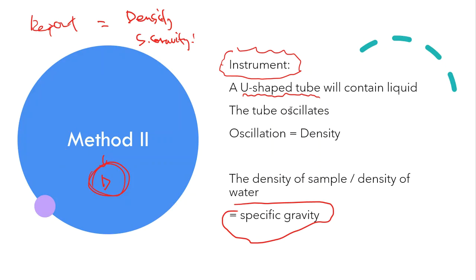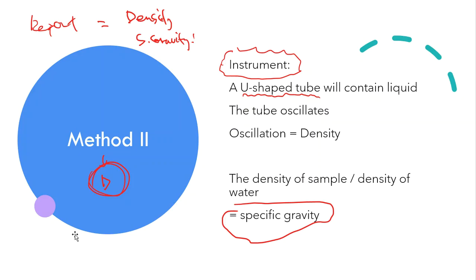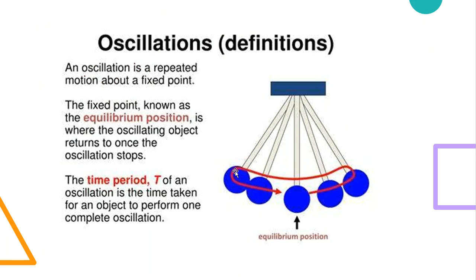This term oscillates. What does that even mean? Oscillation almost means like a pendulum, back and forth, back and forth. It's a repeated motion that goes on. This oscillation is a way that the instrument knows how it's moving, and therefore this corresponds to a density value because the density meter is made that way.